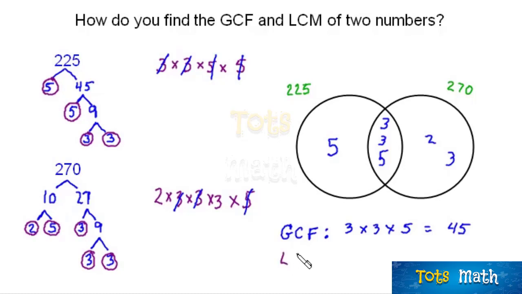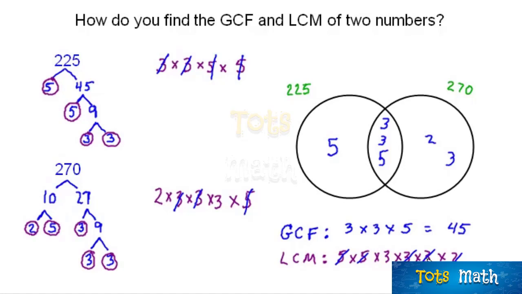Now let's find the least common multiple. That would be the product of all of the numbers you see in the Venn diagram. So that would be 5 times 5 times 3 times 3 times 3 times 2. 5 times 5 is 25, times 2 is 50. 3 times 3 is 9, and 9 times 50 is 450.